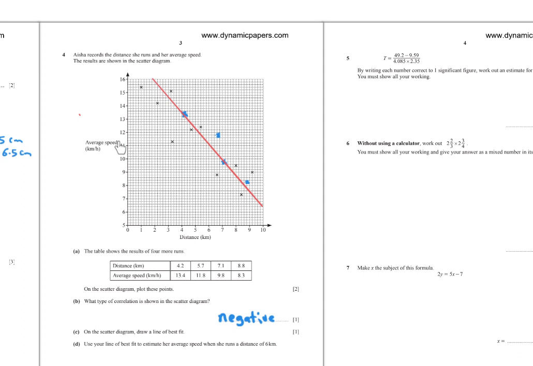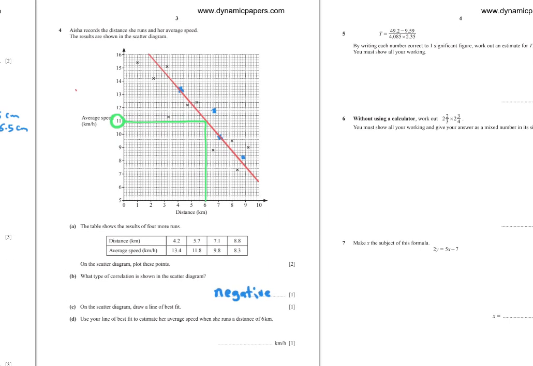So the average speed is 11 kilometers per hour.